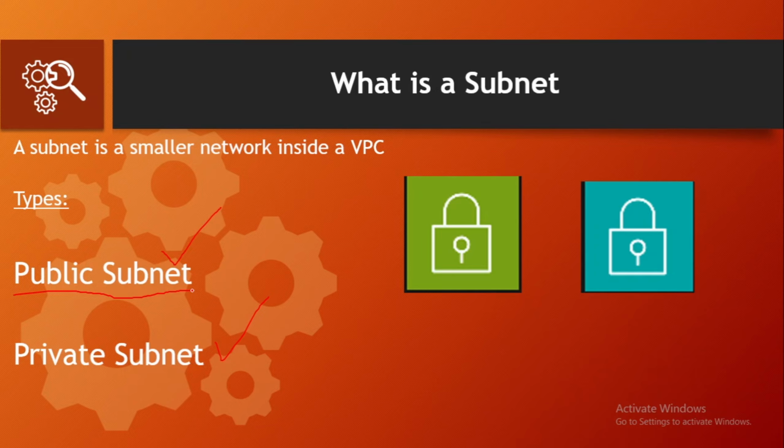The second type of subnet is a private subnet. A private subnet does not directly connect to the internet. This is where we place secure and sensitive resources such as databases, backend services, internal applications, and many more things. For example, your database should not be accessible from the internet for security reasons. So we keep it inside a private subnet.